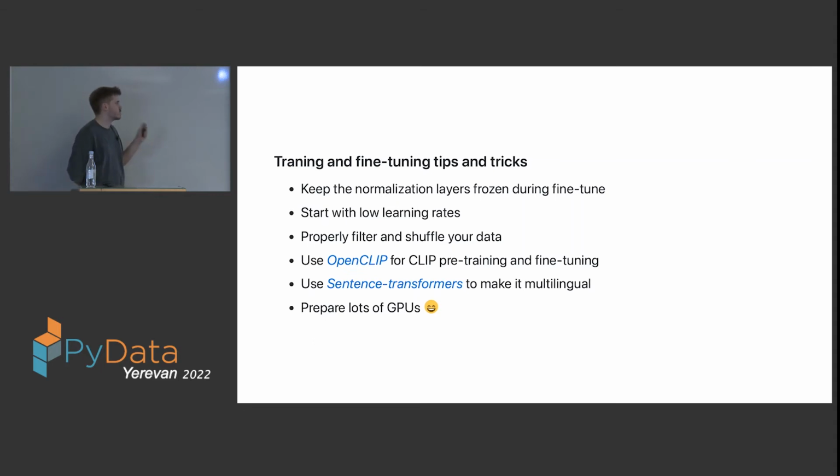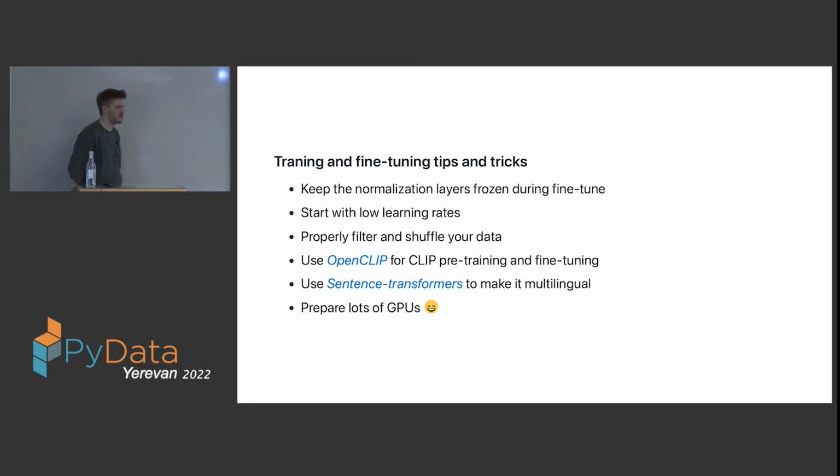Always try to start with low learning rates, and maybe keep it for the whole pre-training process. CLIP is very sensitive to the data, so try to filter it as much as you can and properly shuffle.